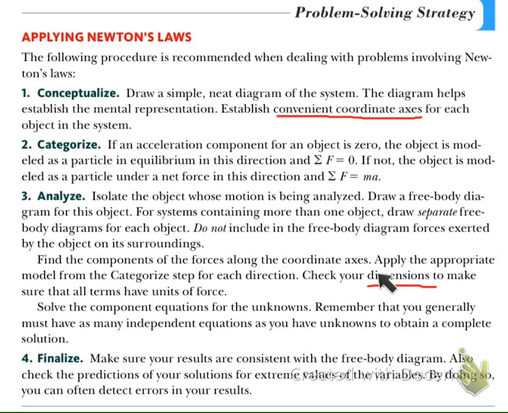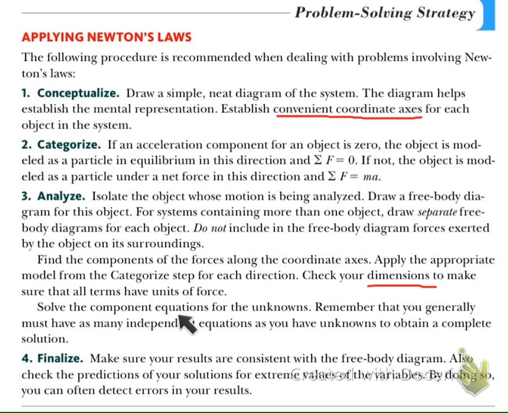So when you write down Newton's law, both sides of the equation must have the dimension of force. So this can guide you whether your analysis is correct or wrong. If the dimension does not agree, it's wrong for sure. But if the dimension agrees, you have to go further to look at the numerical value or the algebraic expression of your result.